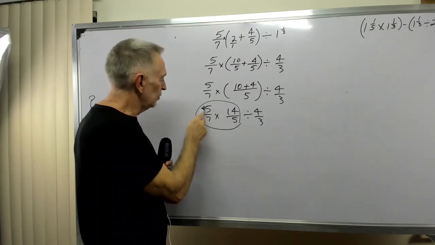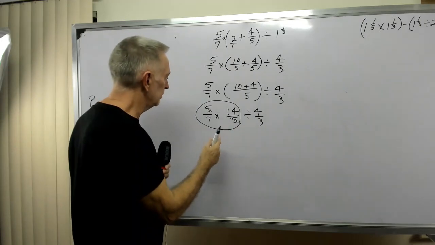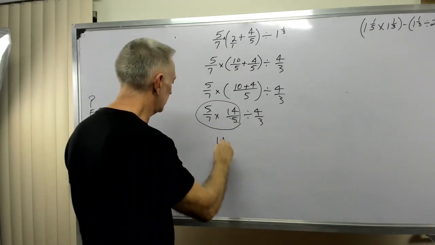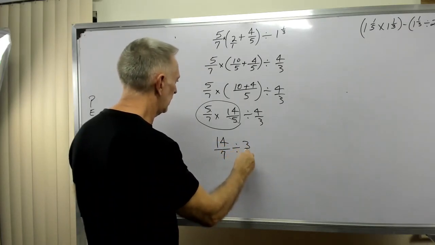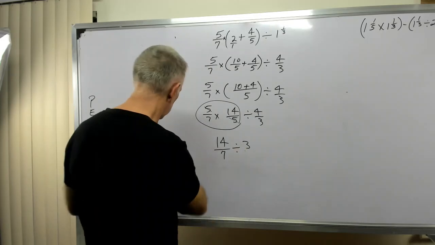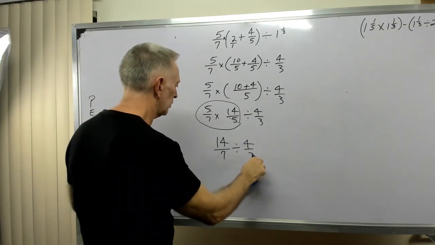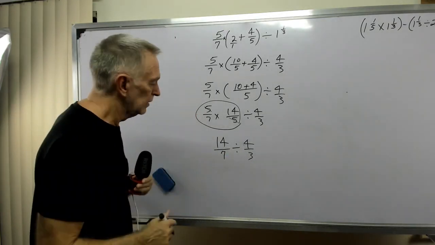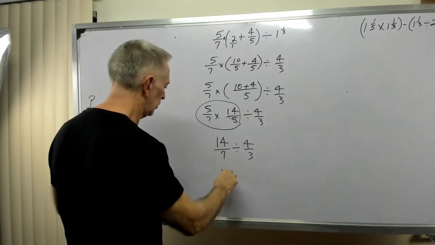So you'll notice 5 over 5, 5 divided by 5 is 1, which leaves me 14 over 7. So I have 14 over 7 divided by 4 over 3. Since I'm dividing, and by the way, this equals 2. 14 divided by 7 is 2.